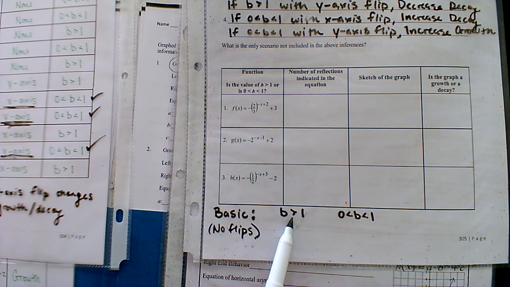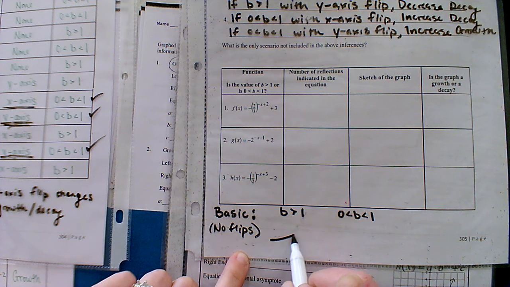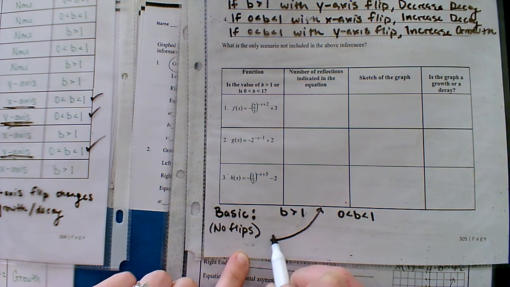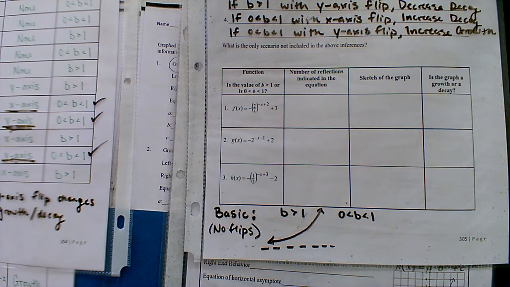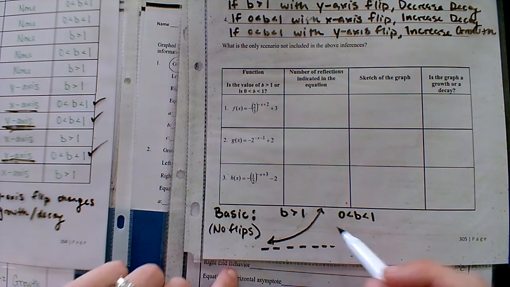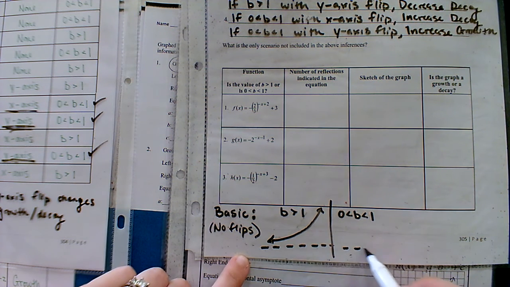Notice how we said a base bigger than 1 with no flips should be increasing growth. So your pencil should be going up and you should be going away from a horizontal asymptote. Something like that. Okay, if the base was between 0 and 1 with no flips, we should have decreasing decay.